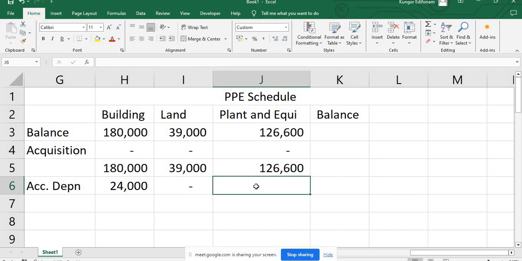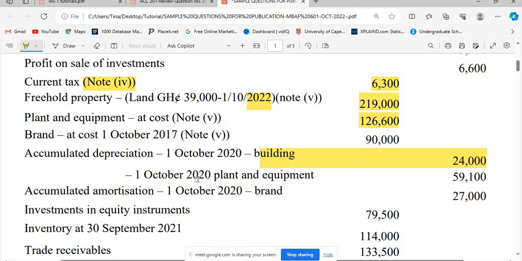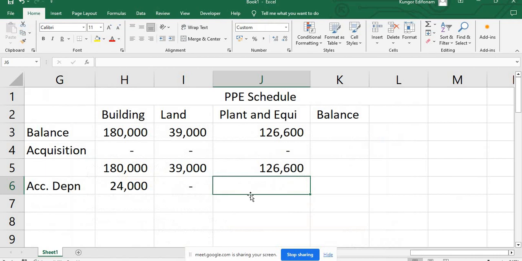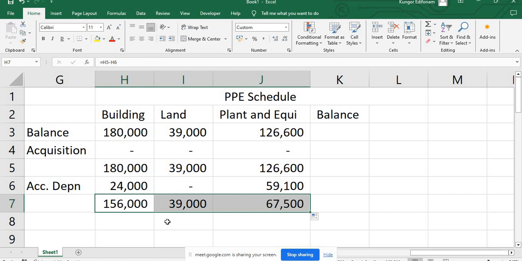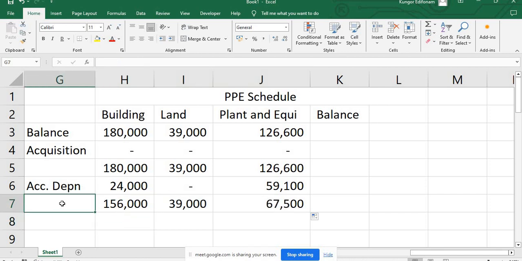And so let's check whether plant and machinery also has some. Plant and machinery also has accumulated depreciation of 59,100. Okay, so we find the difference. So this minus this, so we get 156,000. So this is now the current value as at the end of the year.